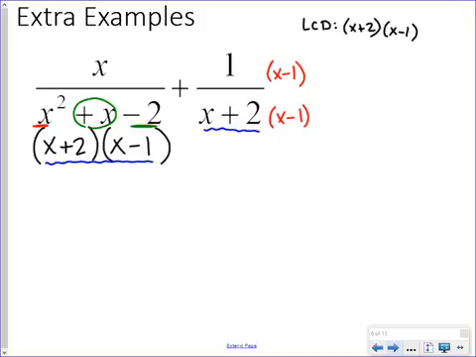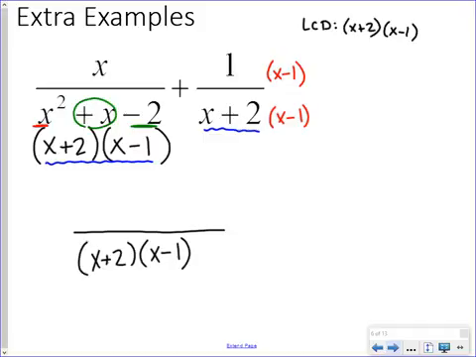When I multiply by that x minus 1 in the numerator and the denominator, I have created two denominators that look exactly alike. So for the rest of my problem, I can use x plus 2 times x minus 1 for my denominator. You can multiply this out, but you don't have to. I usually don't, because that leaves me open to more errors.